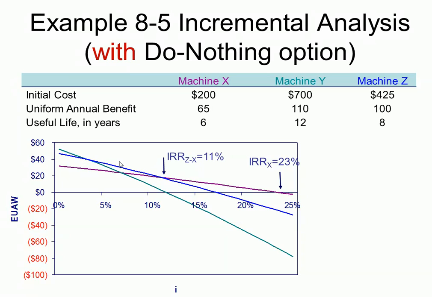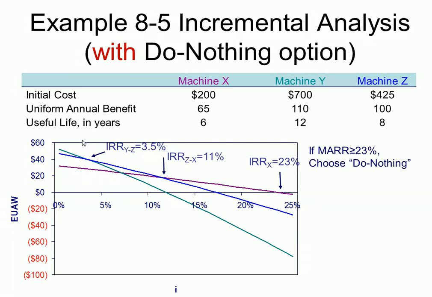This is machine Z, and this is machine Y. That's their intersection, and that gives us an incremental rate of return of 3.5% between Y and Z, Y minus Z. So as long as the minimum attractive rate of return is between 3.5% and 11%, we're going to select machine Z. But if the minimum attractive rate of return is smaller than 3.5%, then we can actually implement machine Y.